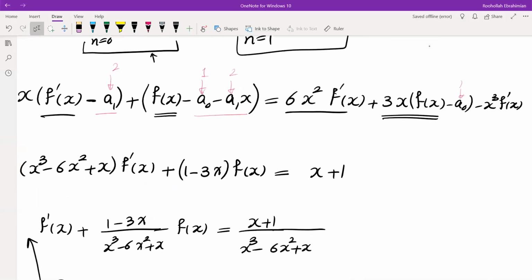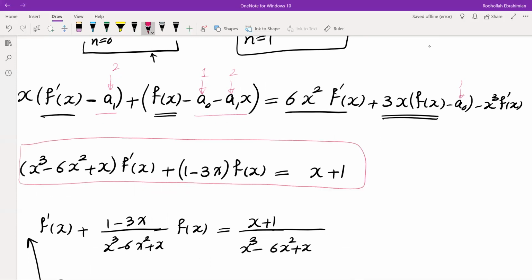Instead of repeating all of that, which would also take me a lot of time to write, I'm going to basically focus on the most important aspect of my proof, which is this differential equation. If I can show that the f of x that I found satisfies this differential equation, then I'm done.